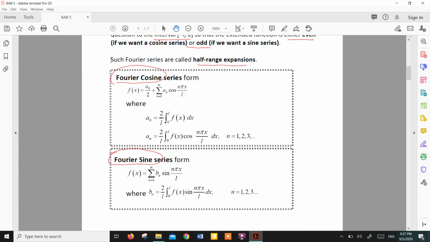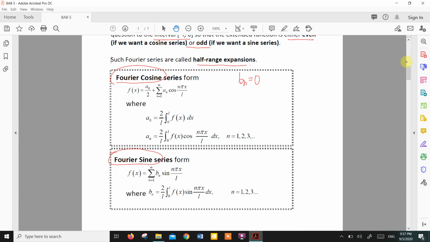If you still remember in the previous subtopic, Fourier series of a periodic function, for cosine, if you have an even function, your bn is equal to 0.